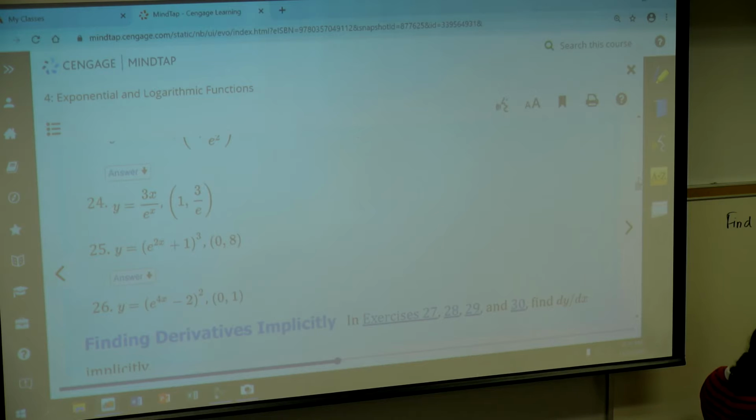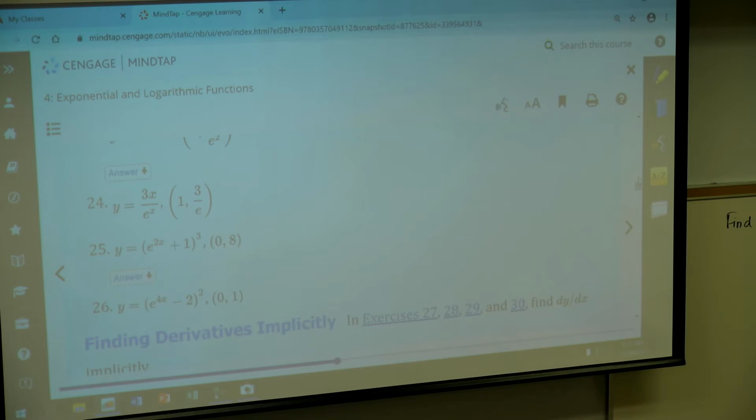So we can use y equals mx plus b, or we could simply do the point slope form, y minus y1 is equal to m times x minus x1. Either would work.